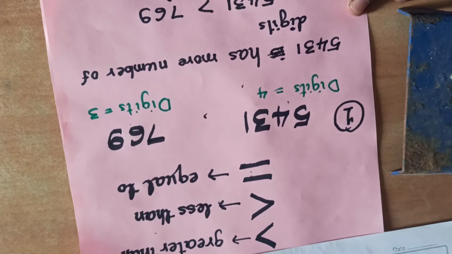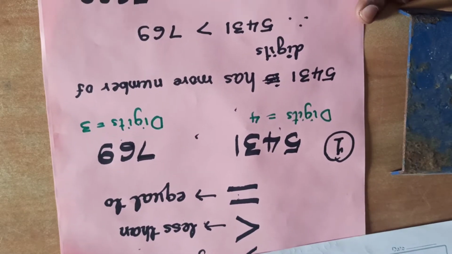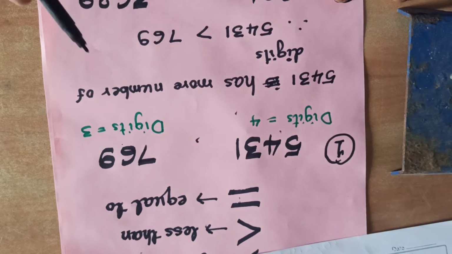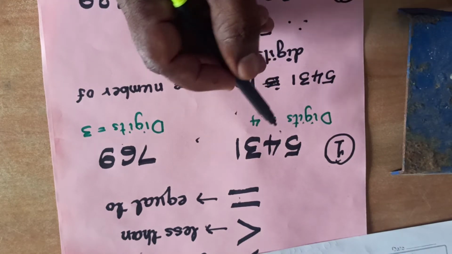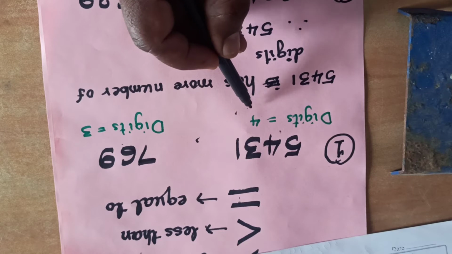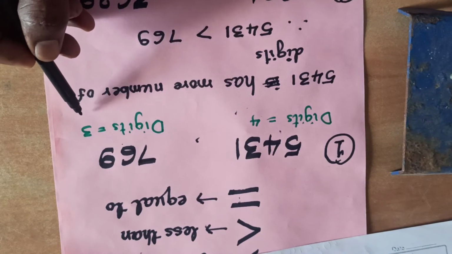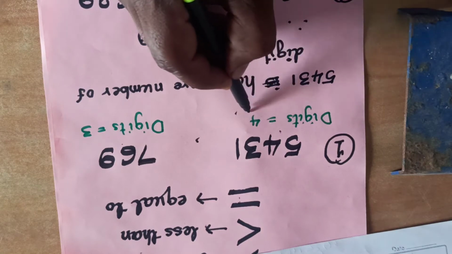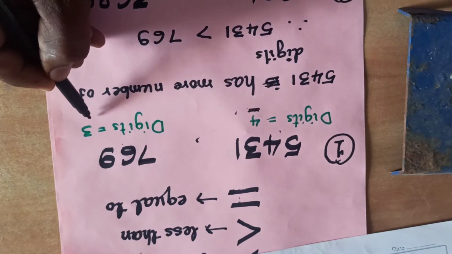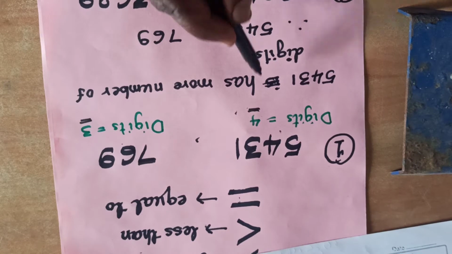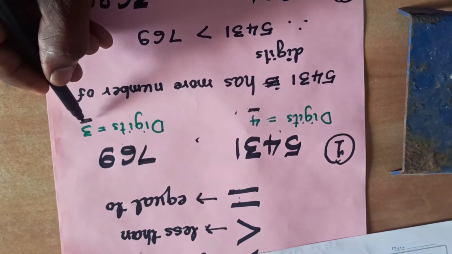It is very easy to say. In this number, digits are 4. In this number, digits are 3. So, 4 is greater than 3.